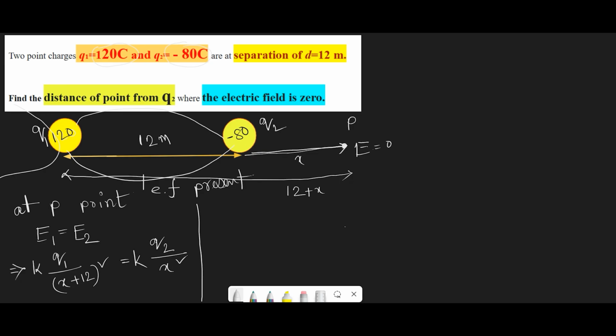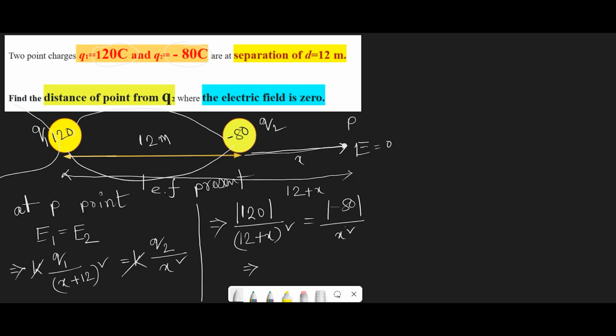Obviously here is another constant, so this constant cancels out. Now plug in the value of Q1. Q1 is 120. We could write down inside the mod, obviously here 12 plus X whole square equals 80, inside the mod, here X square.